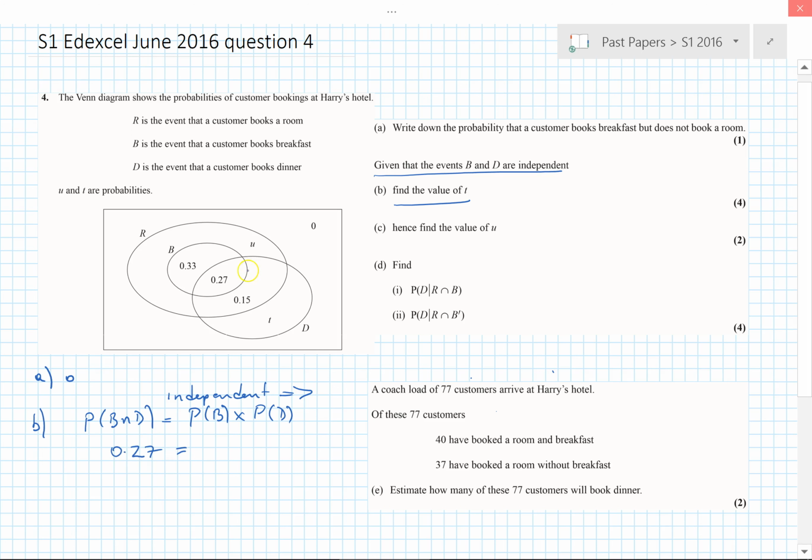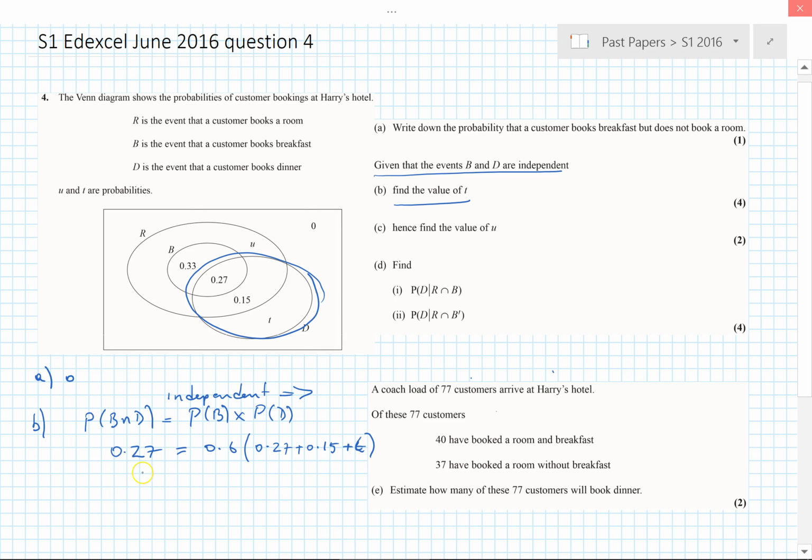The probability of B happening is those two added together, which is 0.6: 0.33 plus 0.27 is 0.6, times the probability of D happening. That's the whole of this, and this is our T, which we're being asked to find. So that's times, let's bracket it, 0.27 plus 0.15 plus T. We can easily work that out.